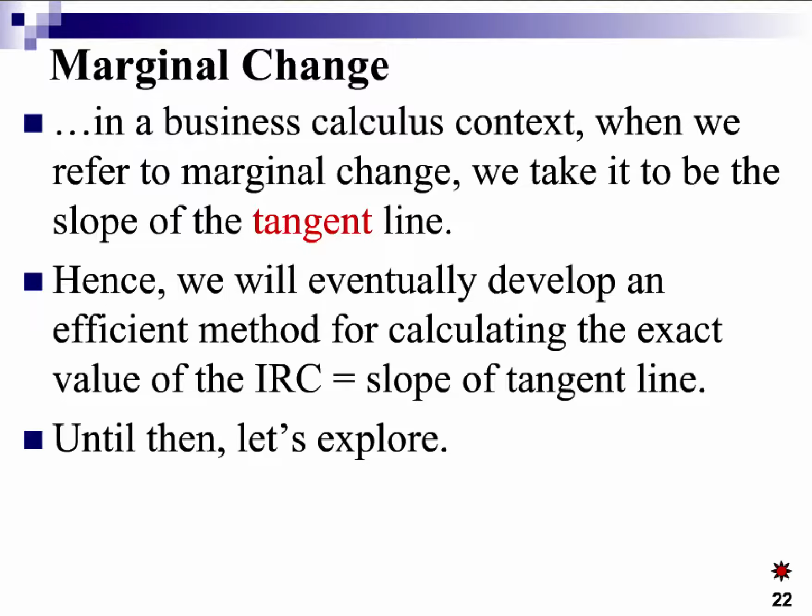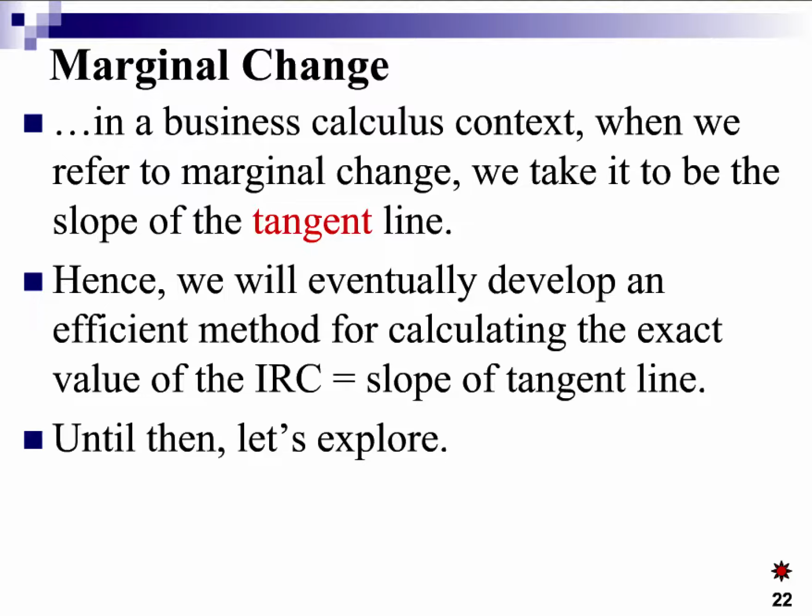Marginal change, the way we've defined it formally, is the slope of a secant line. But if you think about it, if you only change by 1 unit, the slope of the line between those 2 points, the point you care about and then 1 forward, should generally be very close to the slope of the tangent line at the point that you actually care about.